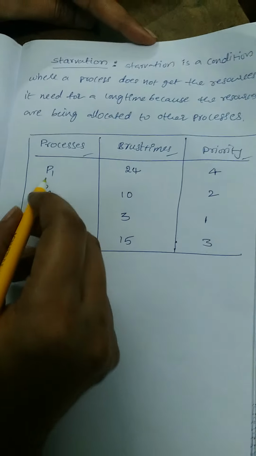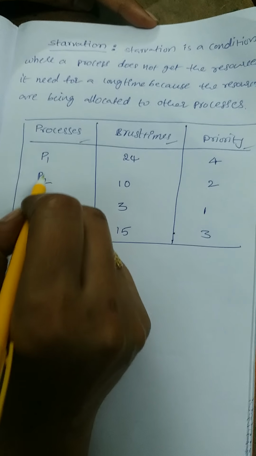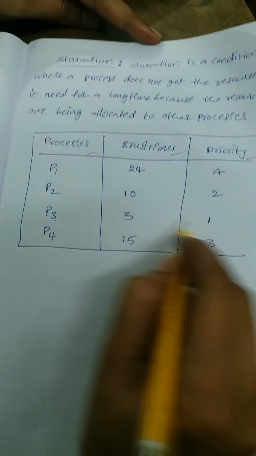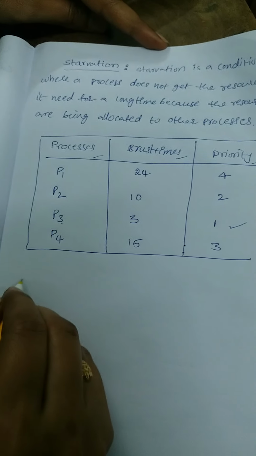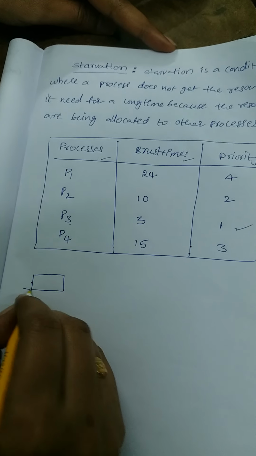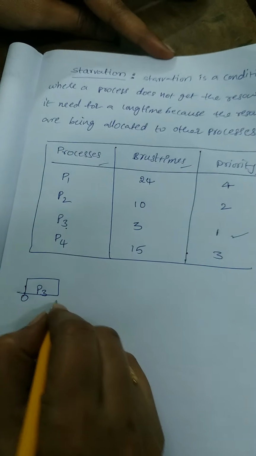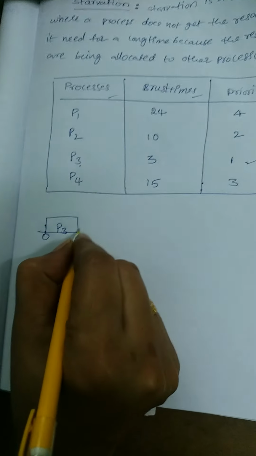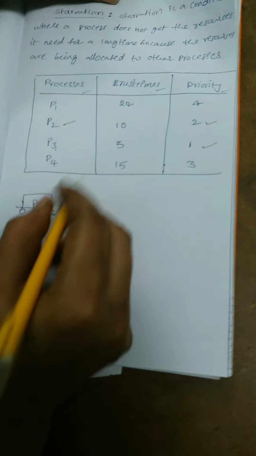First, the CPU processes process P3 because its priority is 1. So if you observe, from 0 the P3 process runs, up to 3. The next priority is 2, for process P2.